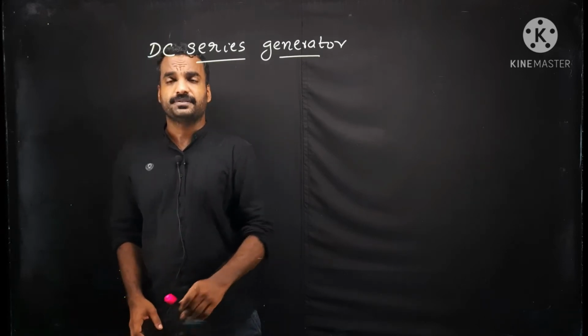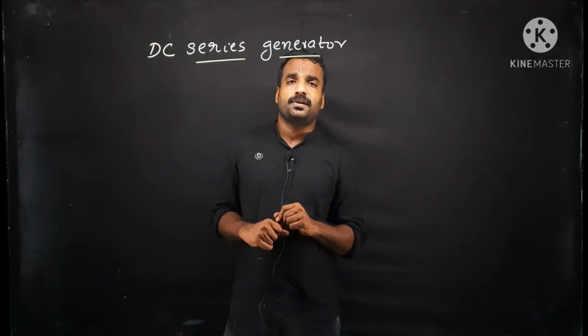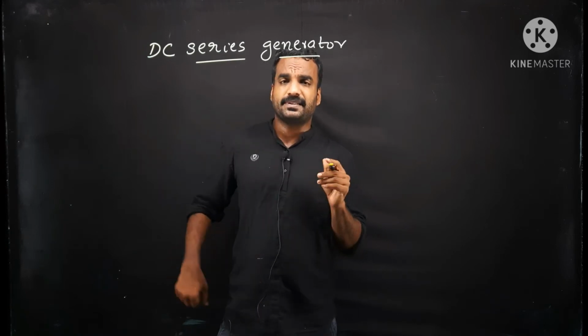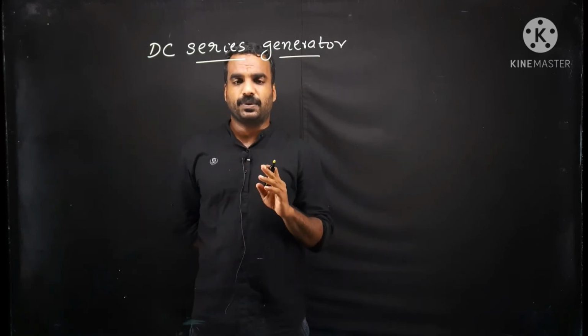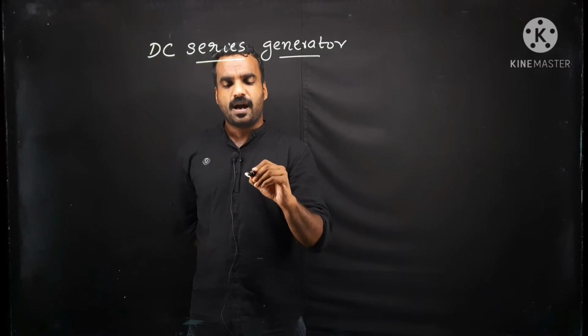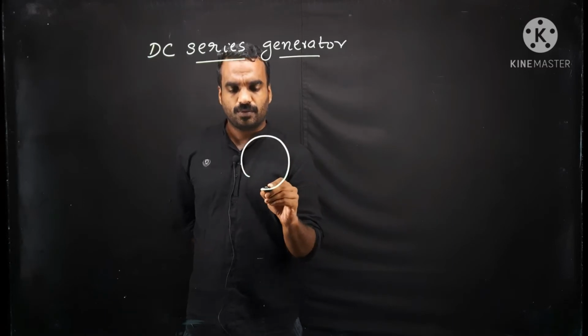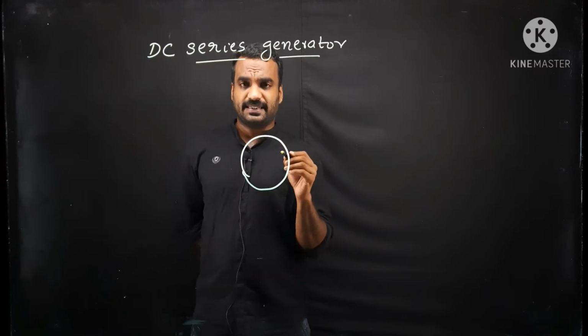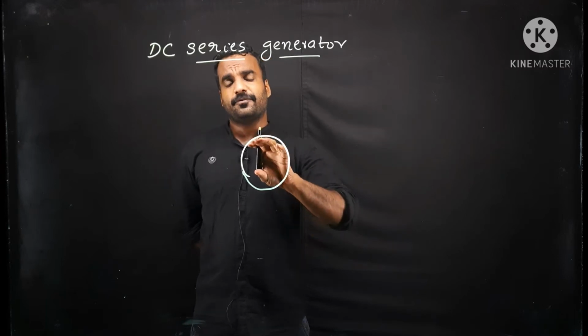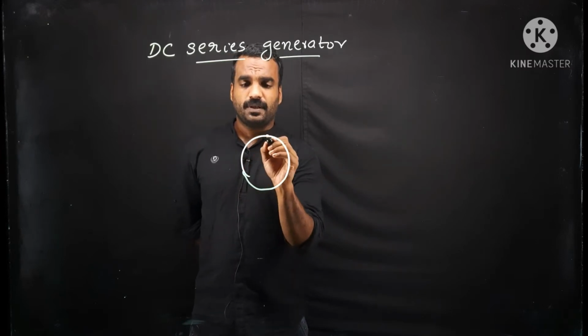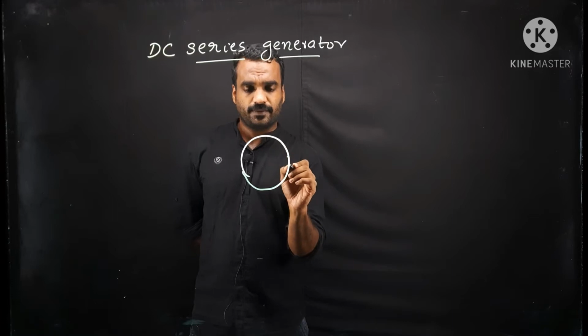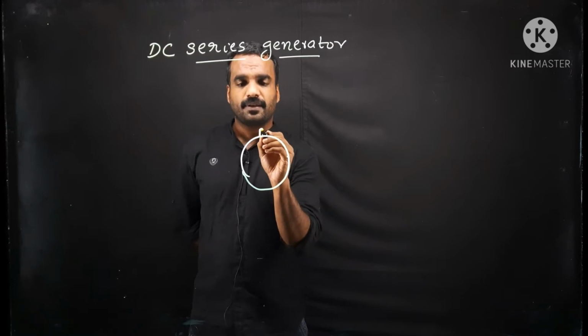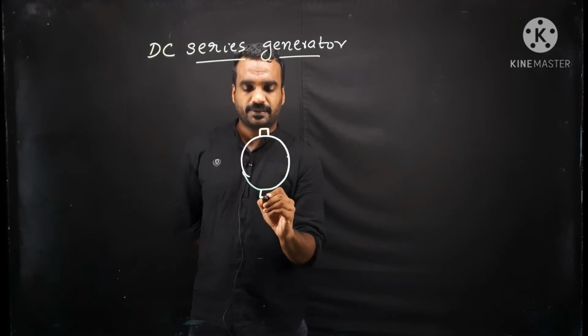Before entering into this, we must know how to represent a generator in an equivalent circuit. Generally, the armature we can draw like a circle. This may be the front view of the rotor, and all the conductors are here. We have to assume that, and we are placing brushes here.